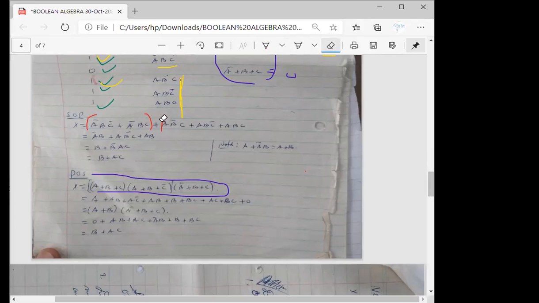You can ignore this one. I combined the other two. But I'm not saying this is the only way. There are other ways that you can do it. So that the A bar is common. So we have A bar out. We have B, C bar plus BC.